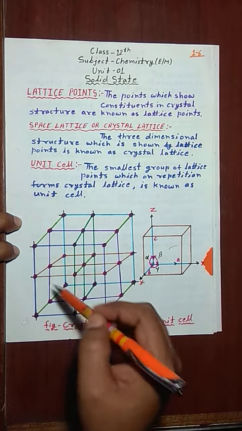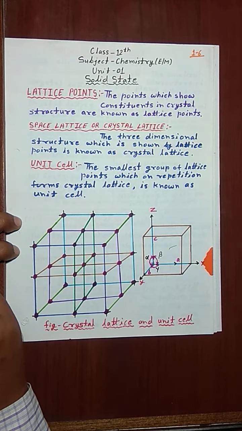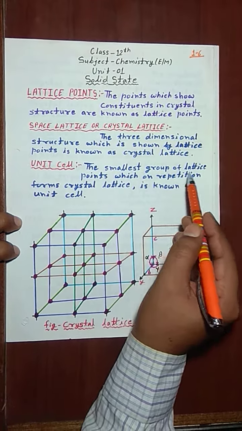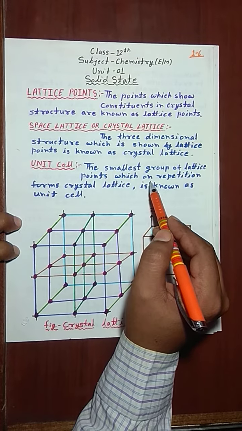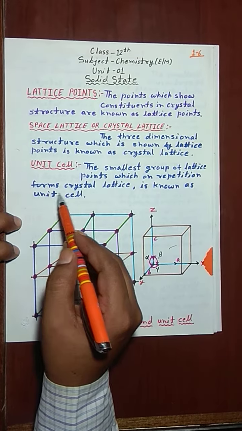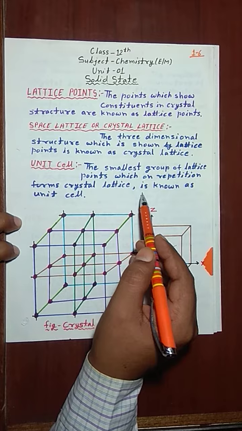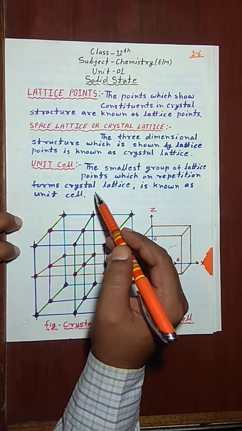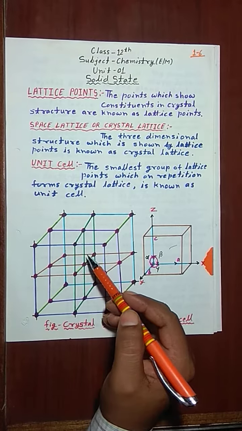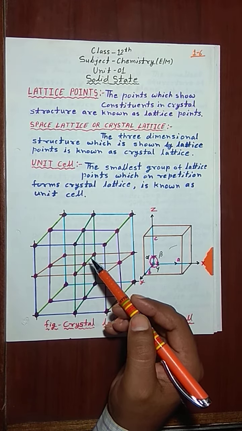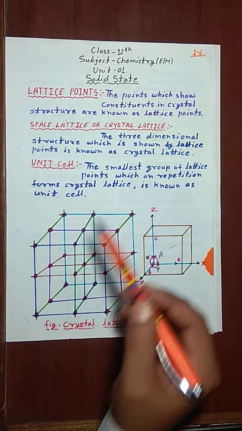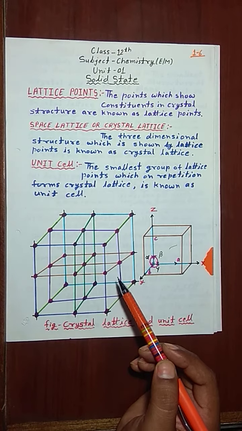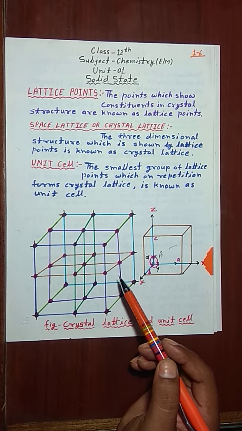In this crystal lattice, the smallest group of lattice points which on repetition forms the crystal lattice is known as unit cell, correct?